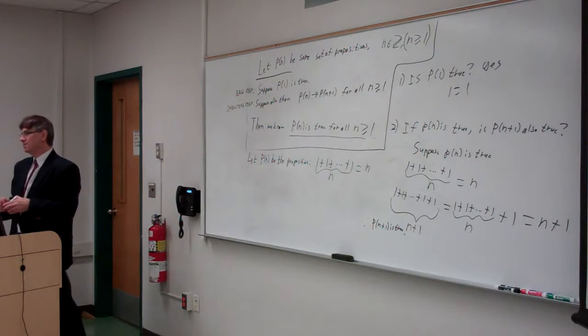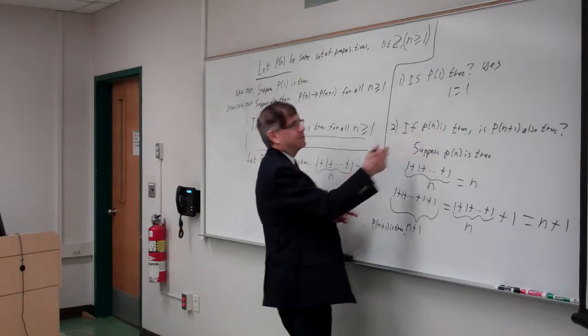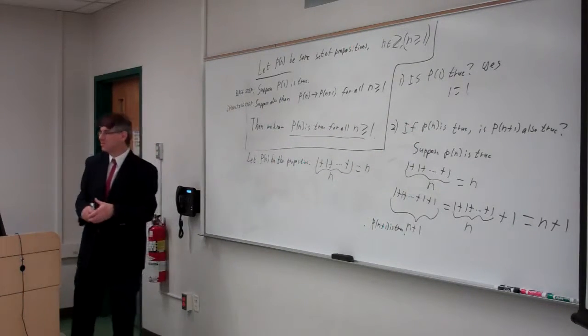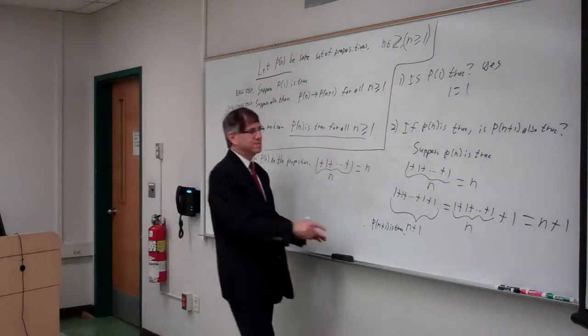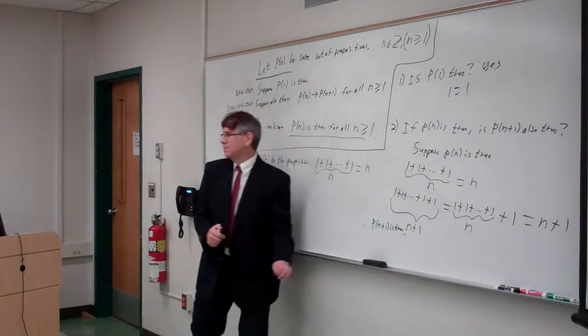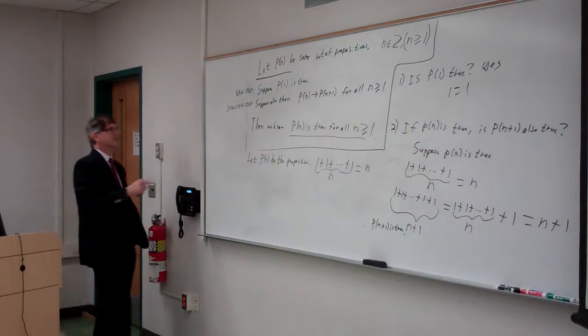You can show it for a particular case, but here we showed this statement for any n, right? If we assume P of n is true for any value of n, then we've shown that P of n plus 1 is also true. So that's a good example of why you need to have this inductive step.